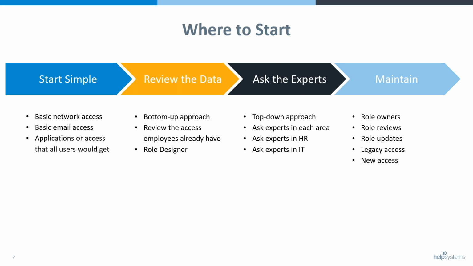But the top-down approach relies on the experts' best guess as to what should be included in each role. The bottom-up approach, where you're looking at the data that you already have, provides a realistic view of which accesses are currently assigned. It also involves a large amount of data to review.